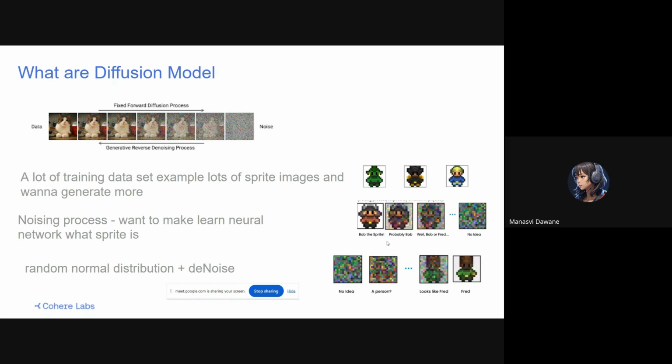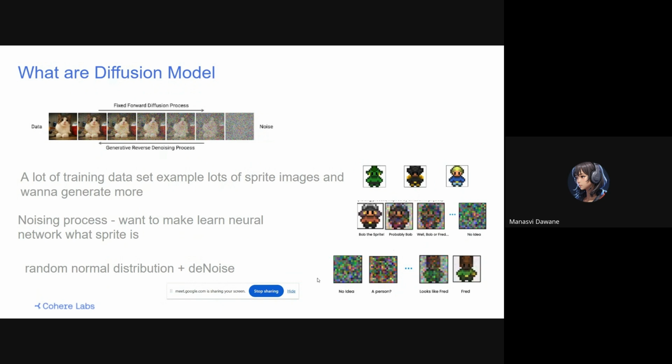Now the model is trained, and we get a fully noisy image. As you can see here, a little bit of noise is added to Bob. Then here we can see a bit of outline, more noise is added, and finally we get an image of pure noise where we can't see anything.